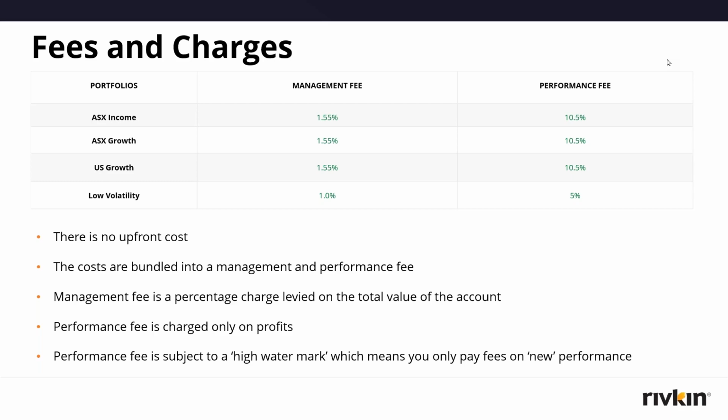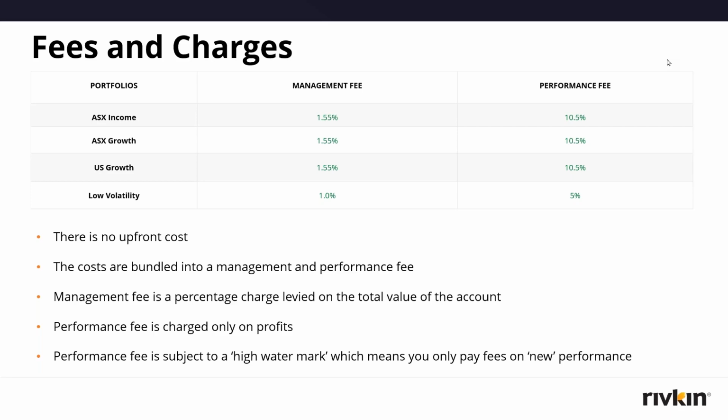So if the portfolio starts at 100,000 and by the end of the next month it's made a 10% return and it's sitting at 110,000, then in the case of ASX Income, that 10.5% performance fee would be applied to the profit, which is 10,000. So you'd be looking at $1,050.